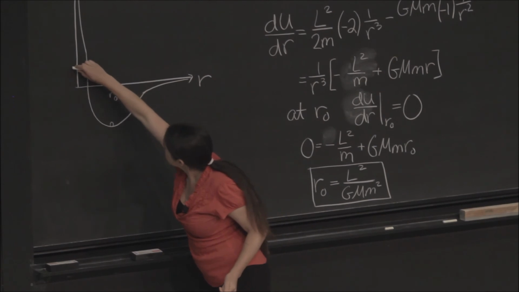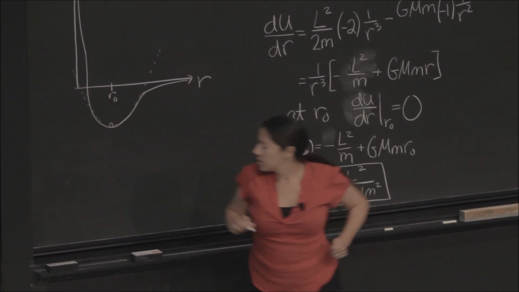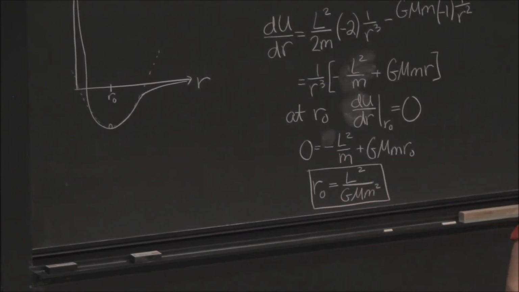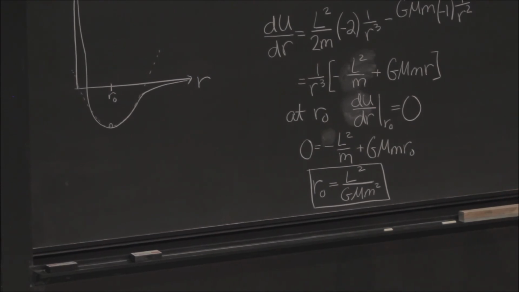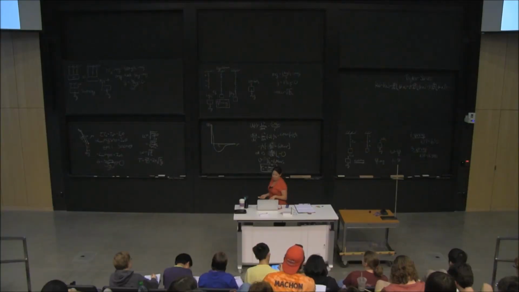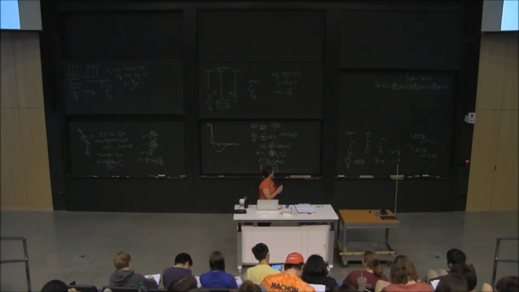A parabola, right? If we zoom in just on that section, we can make it look like a parabola. And a parabola is a potential energy function that goes as x squared, much like a spring. And then we know exactly how the motion of the spring goes. So let's see if we can make this look like that.